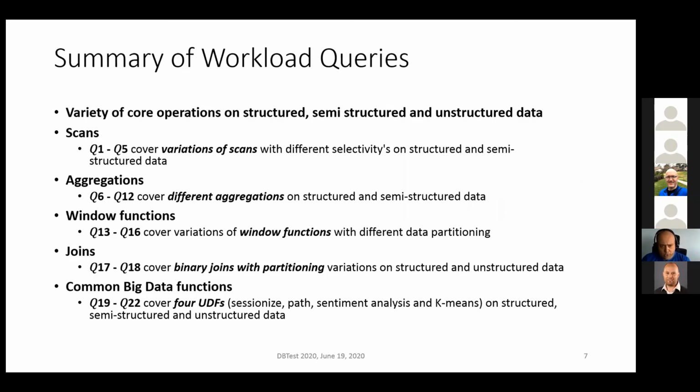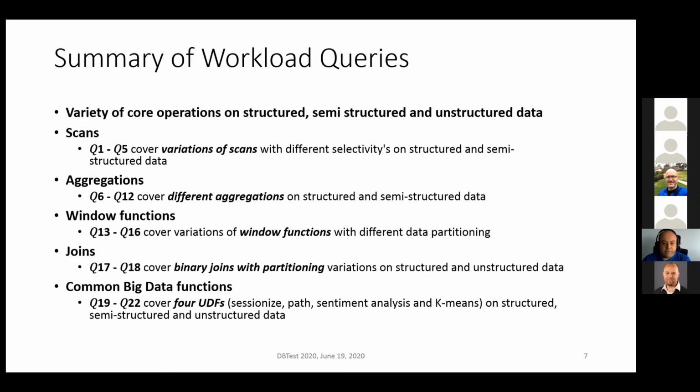And we have scans which work on the structured and scans that are executed on the semi-structured data. In a similar way for the aggregation functions, we also have variations there. We have a number of window functions which also use different data partitioning, joins on both structured and unstructured data, and the common big data functions.